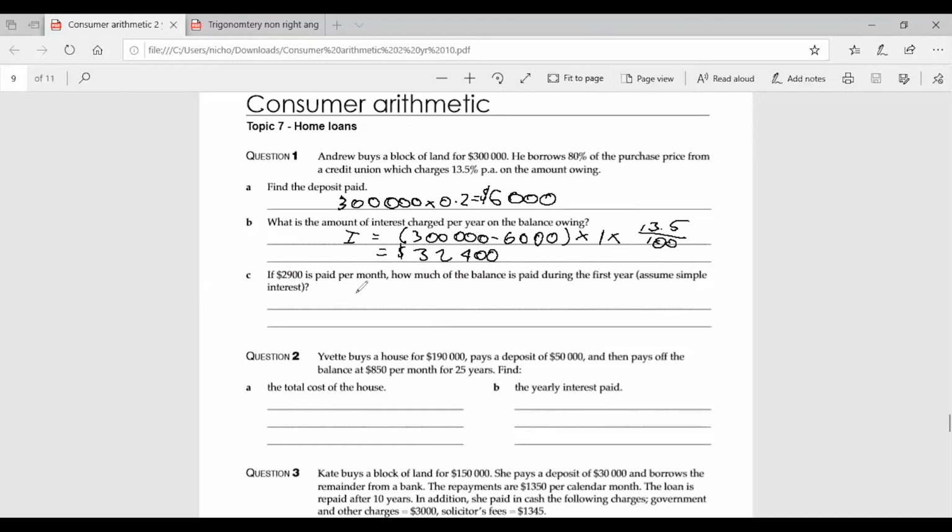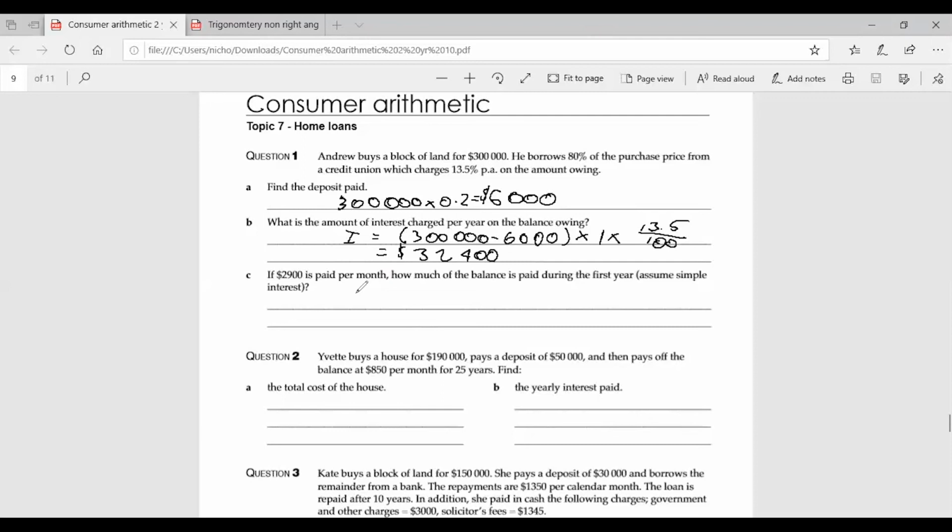So how do you think we do this sort of question? So he's going to pay 2,900 every month to try and pay this back. And they want to know how much of the initial balance we have paid back.